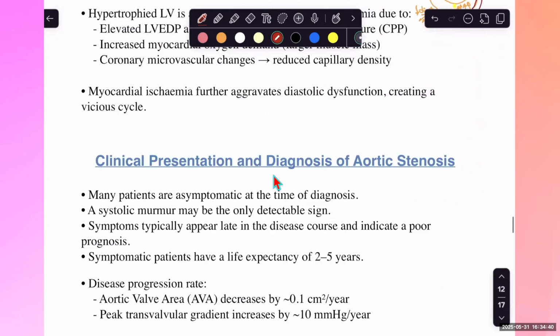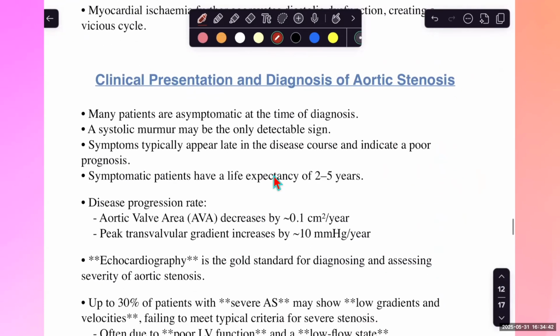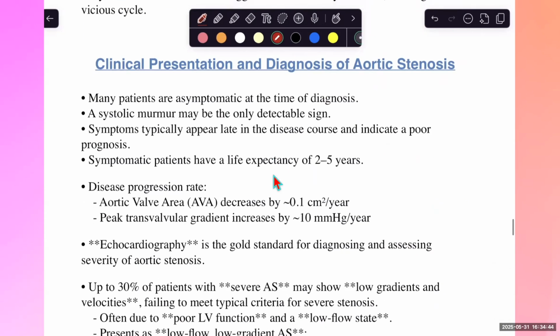Now, clinical presentation. As I told you in the very beginning of all this, we have grade A, grade B, grade C1, C2, and D. Some trigger points we are seeing: many patients are symptomatic at the time of diagnosis. A systolic murmur may be the only detectable sign. Symptoms typically appear late.